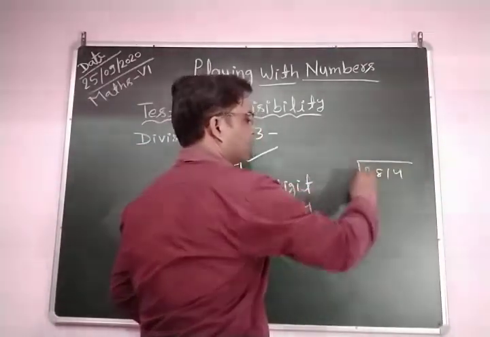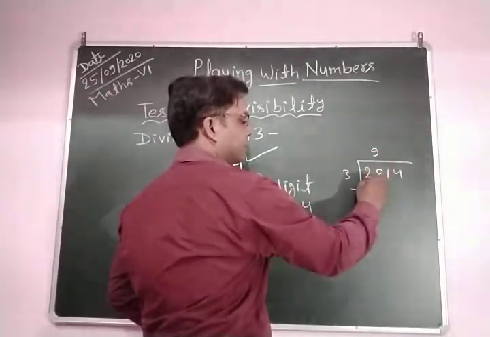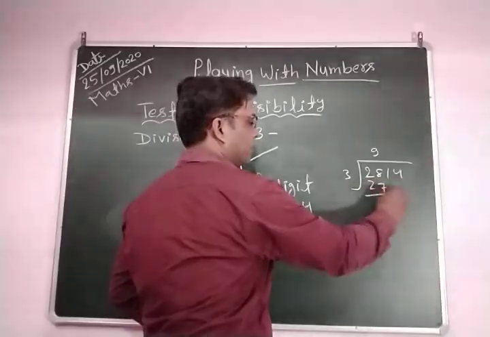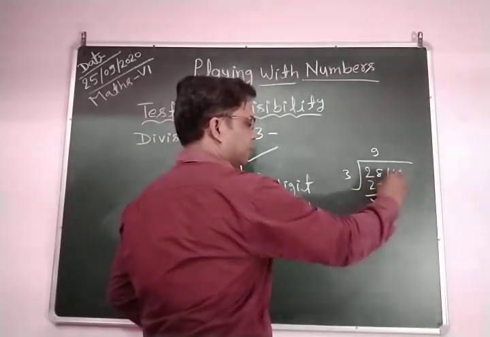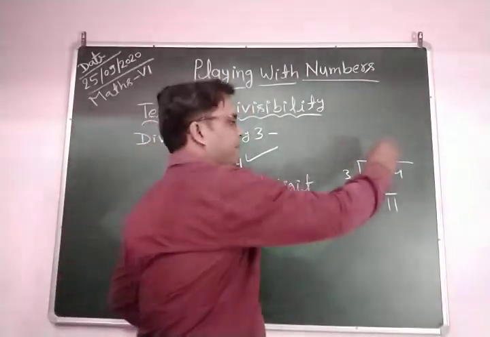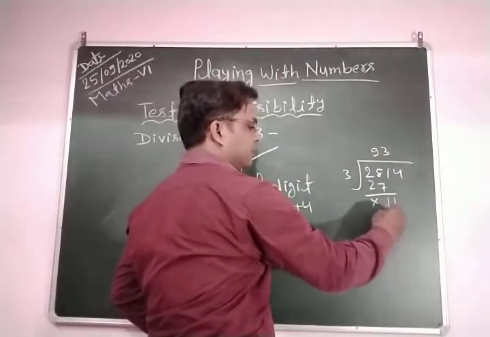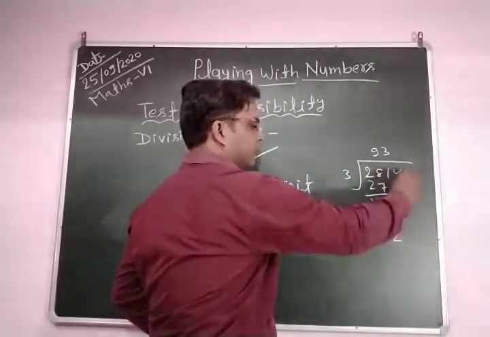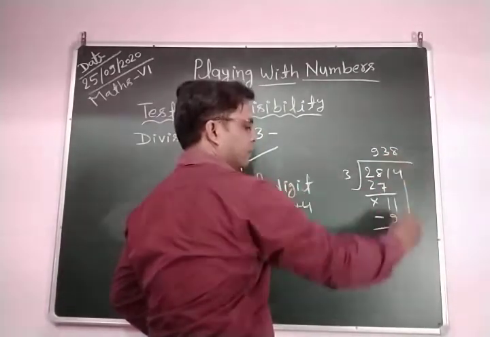2814 divided by 3. How many times? 9. 3 nines are 27. Carry 1 and cancel. Bring down 1 here, this is 11. 3 threes are 9. We subtract them and obtain 2. Bring down this 4, and 8 threes are 24.